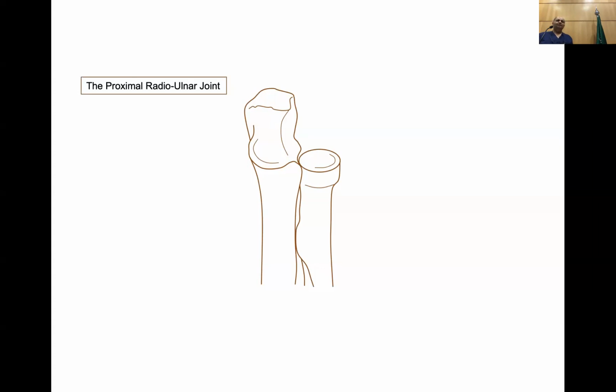Now, to begin the ball rolling, let's label this. This bone is the ulna, we are good with that, and this is the radius. Are we fine with that? This is the head of the radius. And this is the olecranon notch.